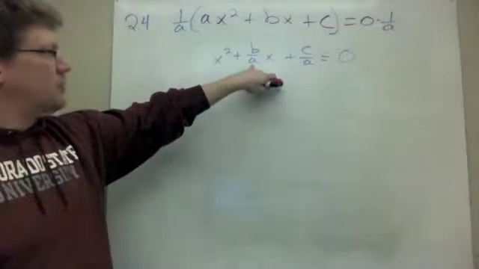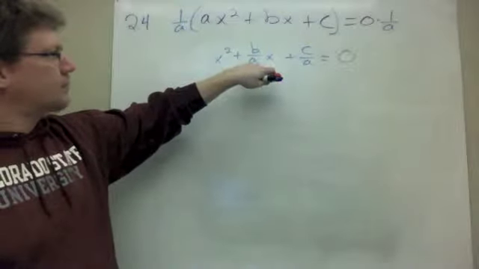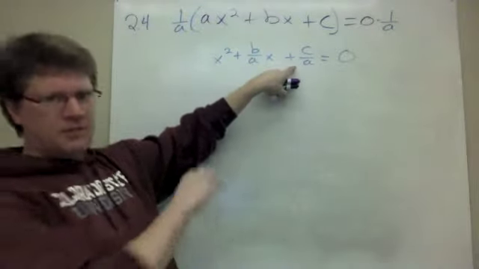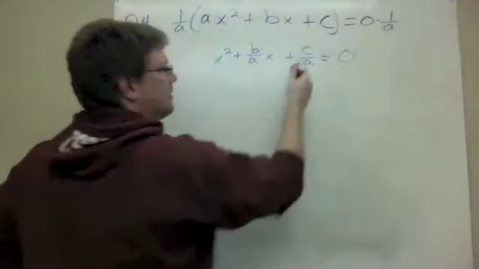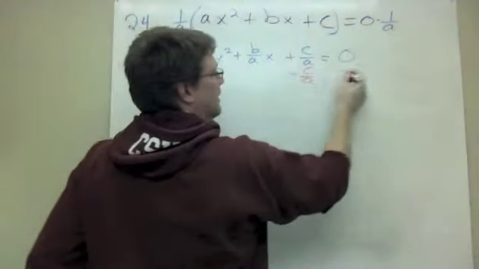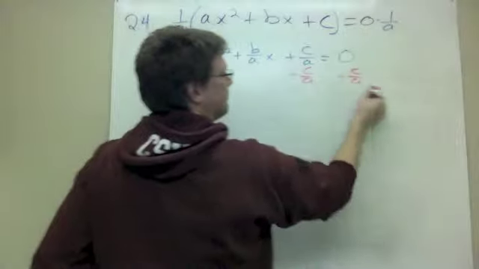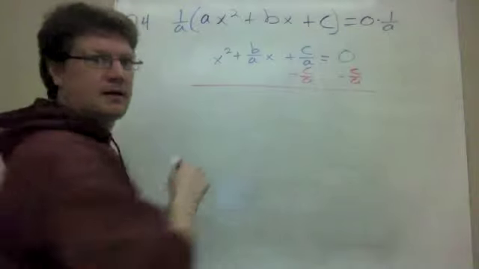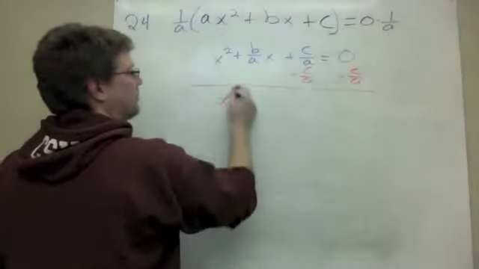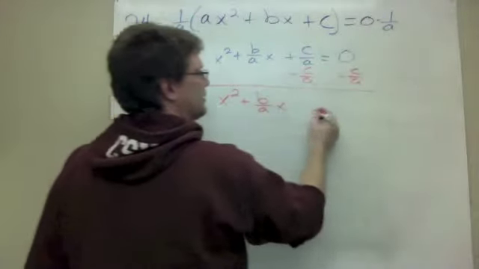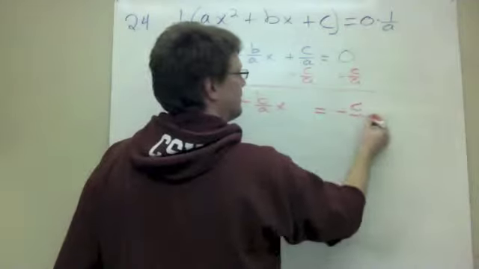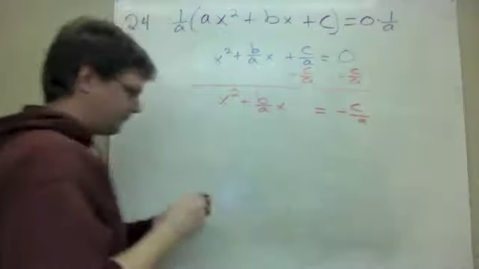to complete the square, let's simplify this side by subtracting c over a to the other side. Minus c over a, minus c over a. Okay? The red doesn't show up very well, but b over a x is equal to minus c over a.